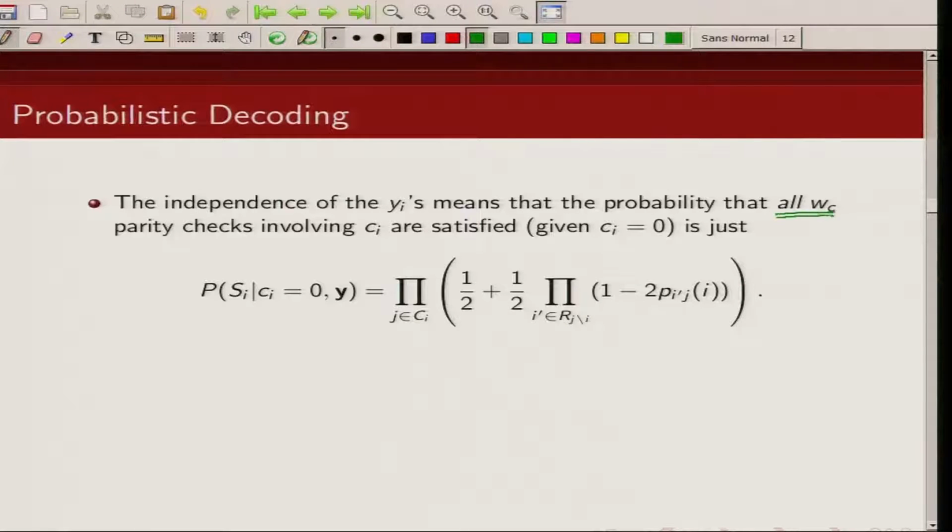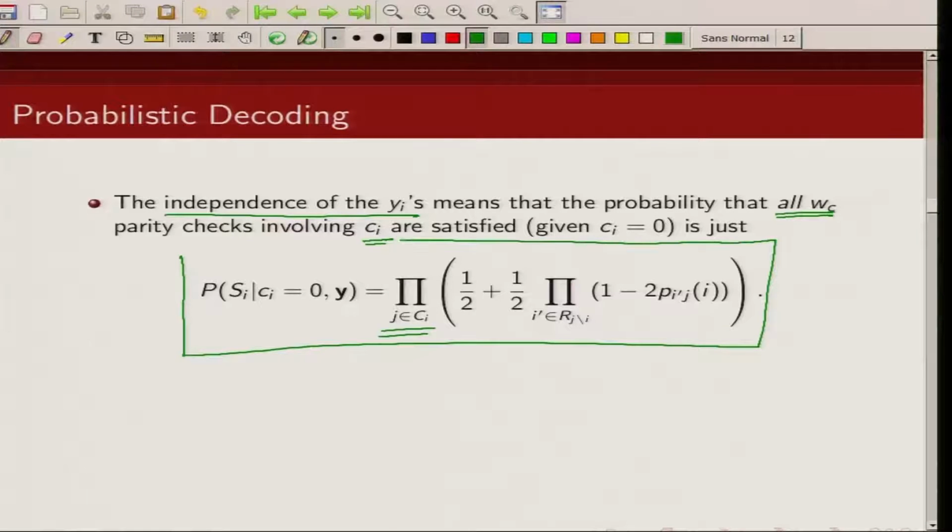So this should hold for all WC parity check sets where this particular bit Ci is participating. So that is why, assuming that Yi's are independent, I can then write the probability as product over all such parity check equations where this is involved. So I can write down then probability that my parity check set constraint is satisfied given Ci is 0 is given by this expression.